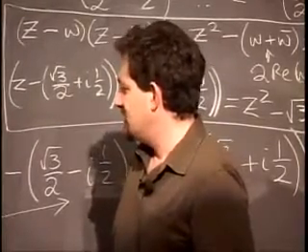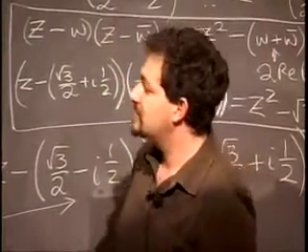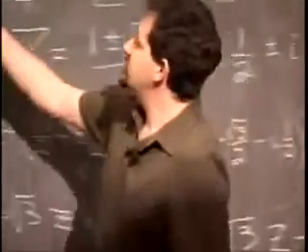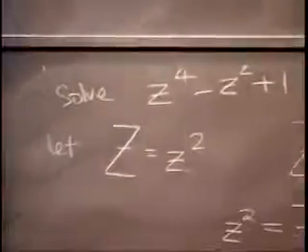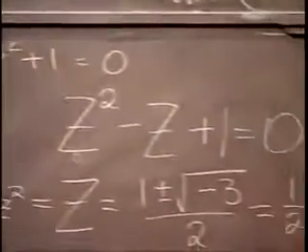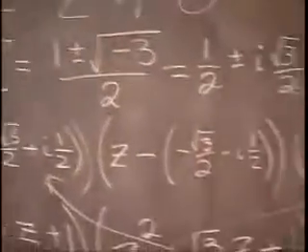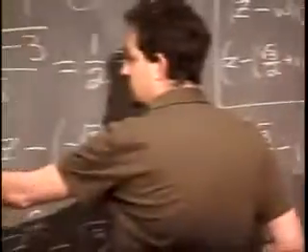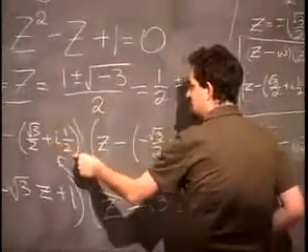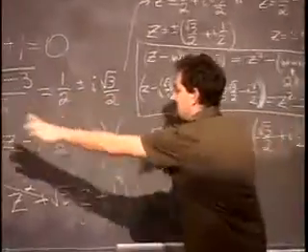So, anyway, this could be a legitimate problem, which would be described as: factor z to the fourth minus z squared plus 1 into two real quadratics. That's what you have to do. You have to find the four complex solutions. You have to write them out as factors, and you have to identify within the brackets the conjugate pairs, root 3 over 2 plus i times a half, and root 3 over 2 minus i times a half, and just multiply those two out.